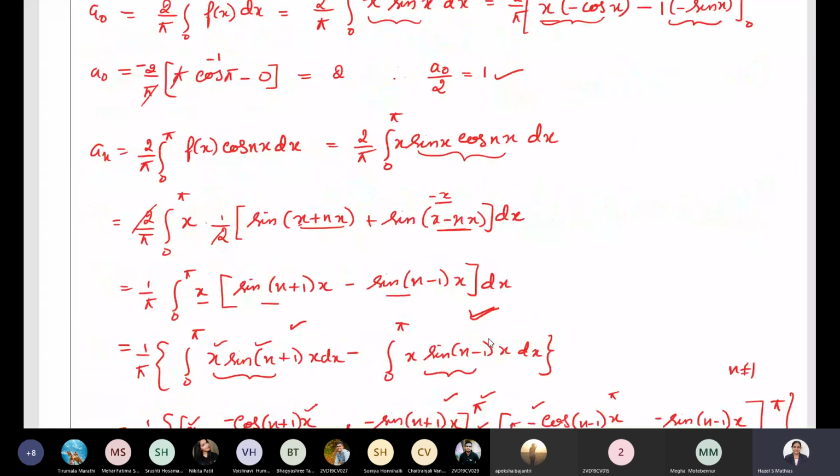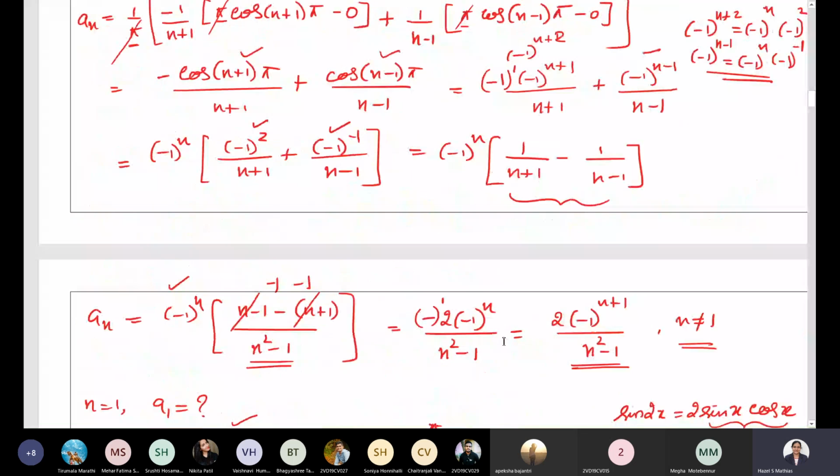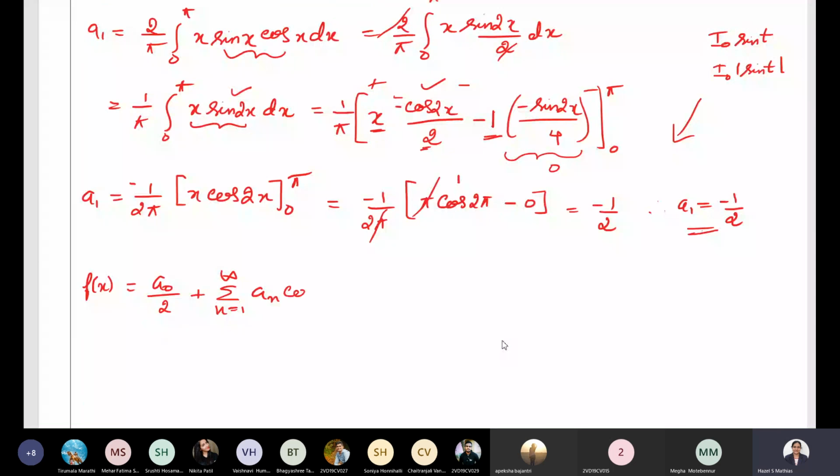So I'll write it over here once again: a naught by 2 plus summation n equal to 1 to infinity a_n cos nx. Okay, so let's substitute: a naught by 2 is 1 plus summation. First, for n equal to 1, we write a1, which is minus half.